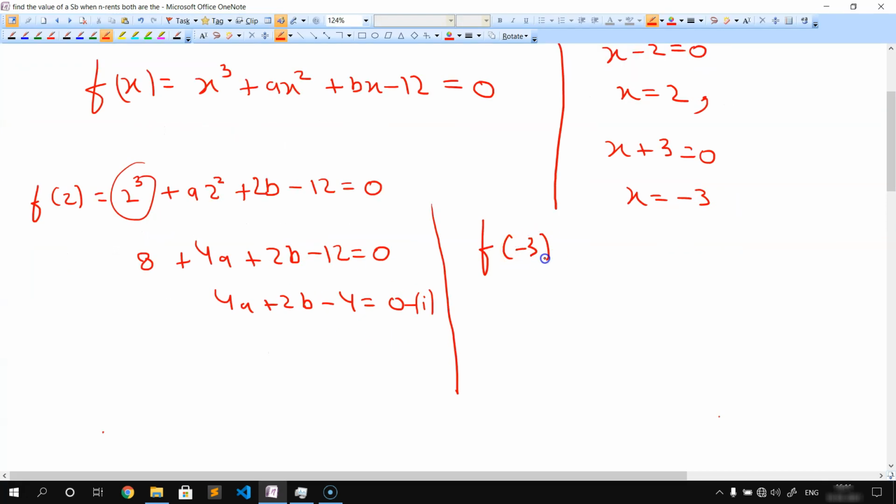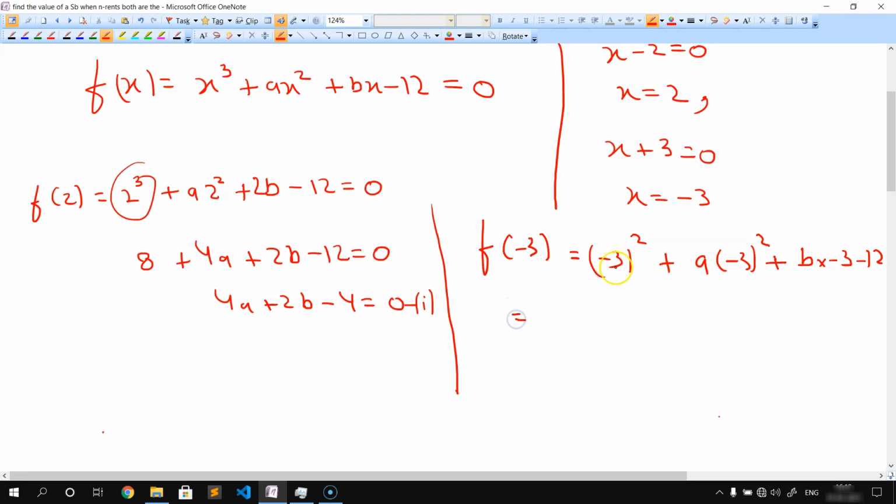Now for minus 3, it becomes minus 3 cube plus a into minus 3 square plus b into minus 3 minus 12.